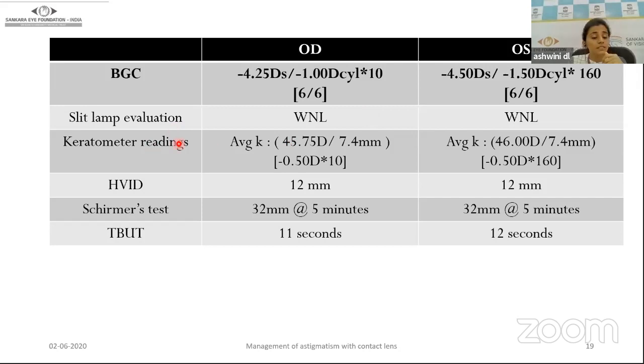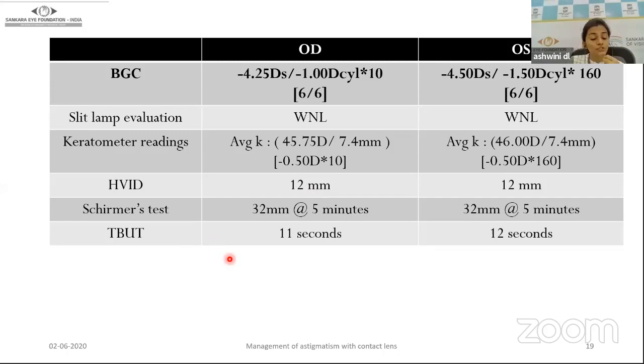Her keratometer readings were also taken, where the average K was 45.75 diopter, and the average base curve was 7.4 in both eyes. Only the axis was different. The HVID, that is the horizontal visible iris diameter, we measured was around 12 millimeter in both eyes. Also, we did the dry eye evaluation because she is a software engineer, and it is always better to do a dry eye evaluation before contact lens fitting.